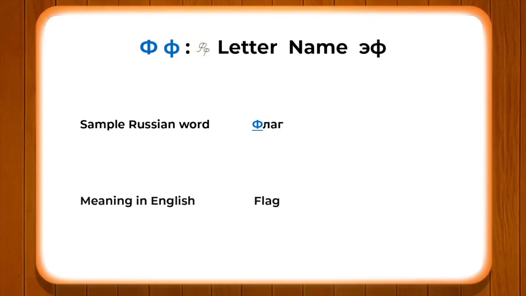Flag, which means flag. And there you can also see the flag of the Russian Federation. The color scheme you can see, so that after learning these sounds, you can also learn certain other important aspects of Russia in which the flag plays an important role.